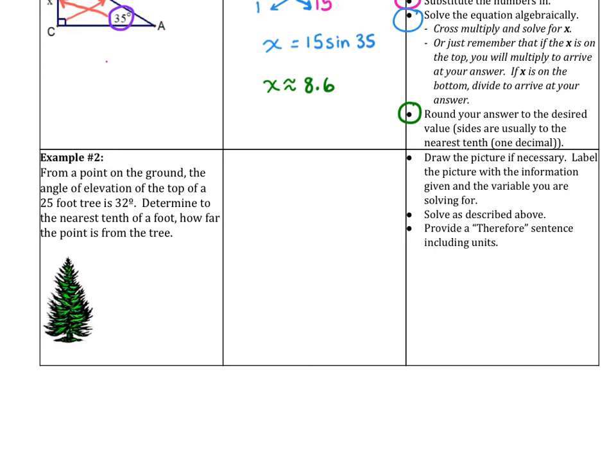So in this example, when it's a word problem, you're going to start with drawing a diagram and labeling it. So from a point on the ground, so here's the ground, here's a point. The angle of elevation to the top of the tree, and the diagram does not have to be drawn to scale.